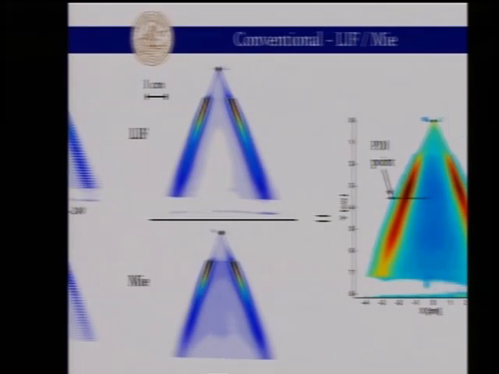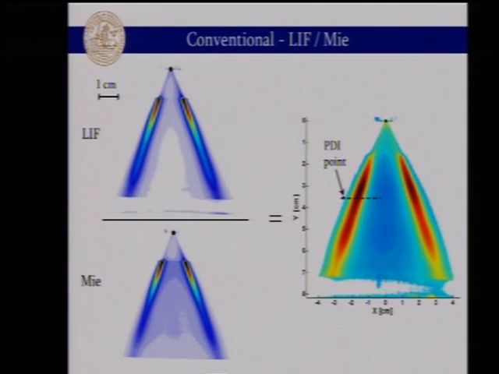If we just make the average of those, we get the conventional images. Here, once again, we can see we have some information above the light sheet that we should not obtain. We have also signal in the middle of the spray which should not be there, or not as strong.